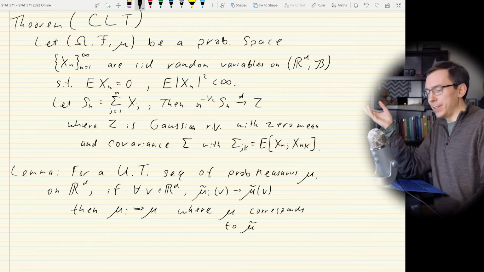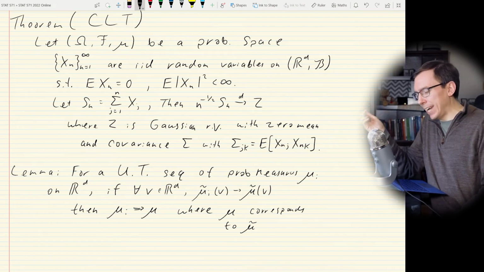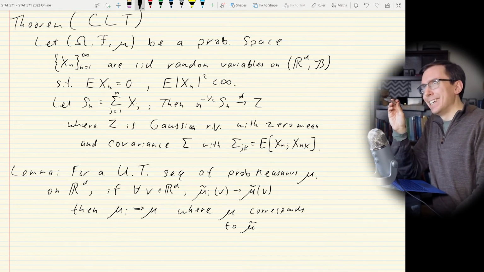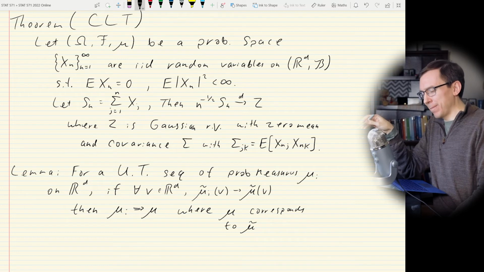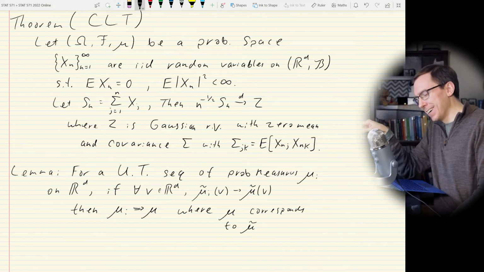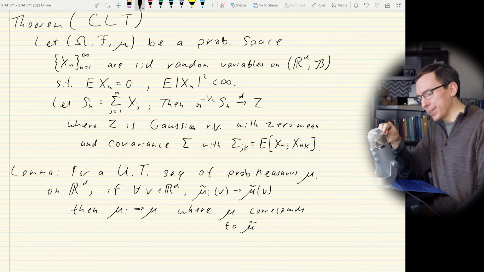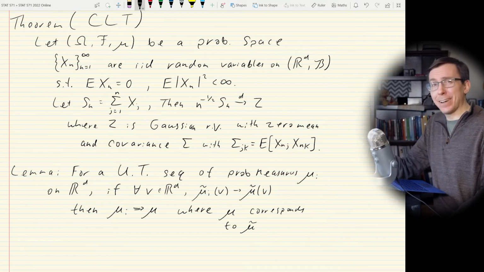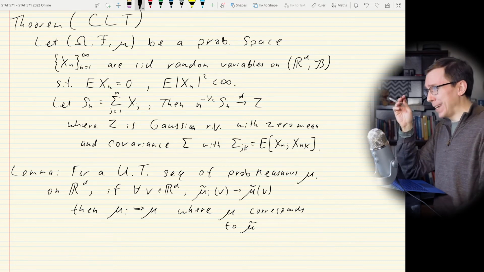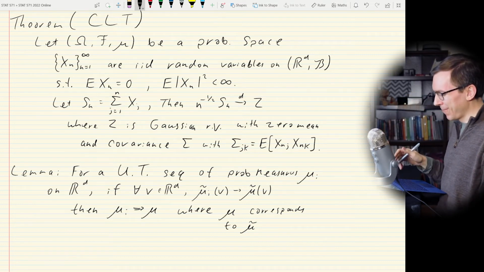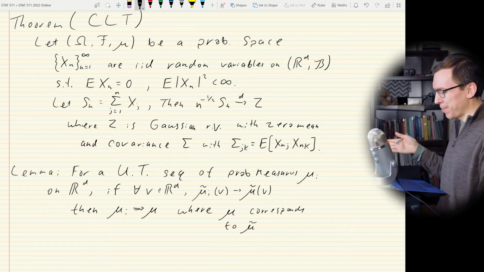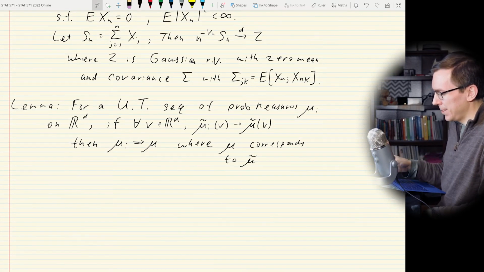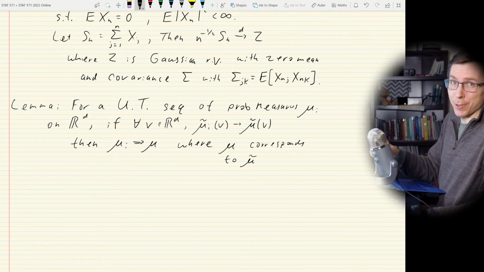So whatever mu tilde is, the limiting characteristic function is going to be the corresponding characteristic function of the measure mu that the mu_i's converge weakly to. That's a terrible sentence, but hopefully the point makes sense. Characteristic functions converge pointwise, then the measures converge weakly. Do you believe it? Let's prove it.